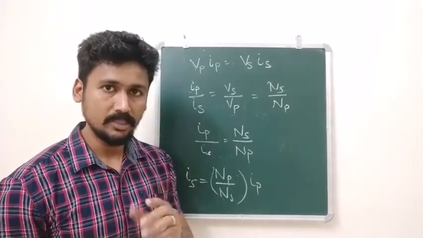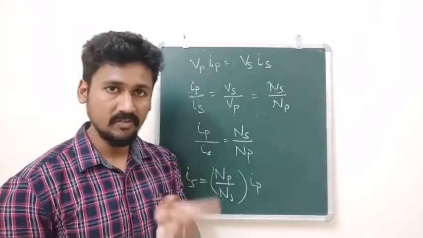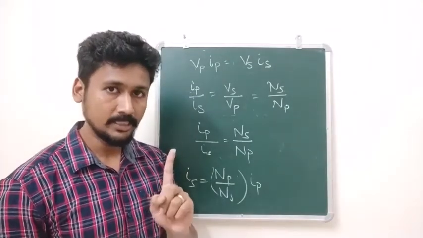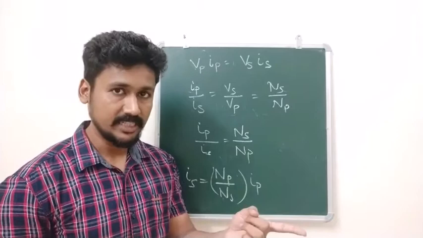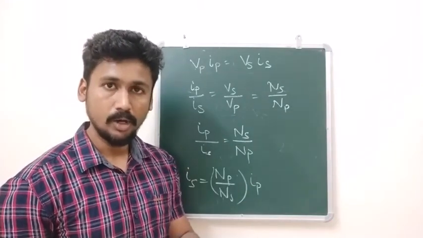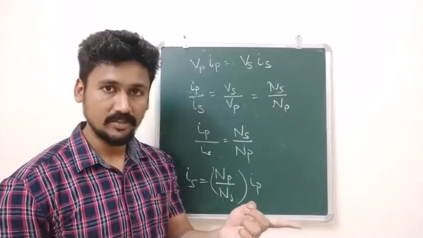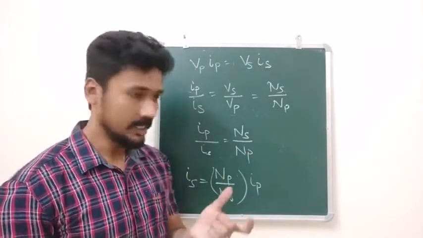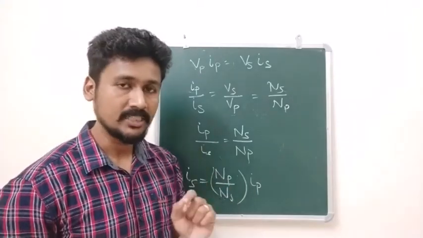So in transformers, we are getting induced EMF, that is why we are noticing such things. So remember this, you can increase the voltage of the secondary, but by increasing voltage, current will reduce. Or you can decrease the voltage of the secondary, and if you decrease voltage, the current will increase. So this is the relation for transformers.